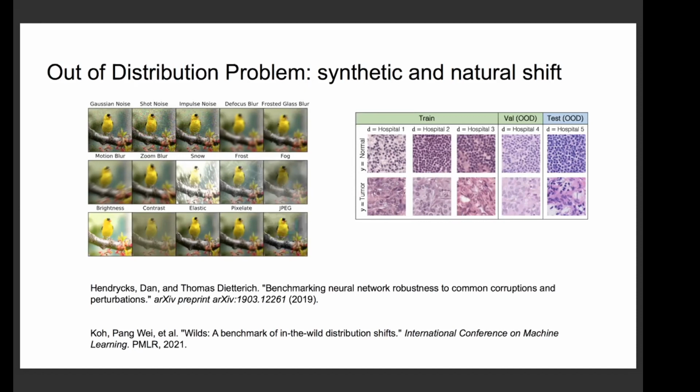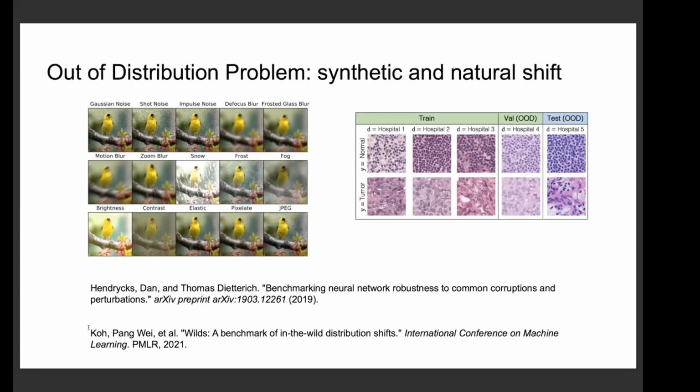As examples, I've provided two here. One is from Hendrycks et al. They took ImageNet and CIFAR10 and corrupted them with 15 corruptions, such as Gaussian noise, shot noise, and various other kinds of noise. The goal is to learn on the native dataset and try to generalize to all these new corrupted datasets.